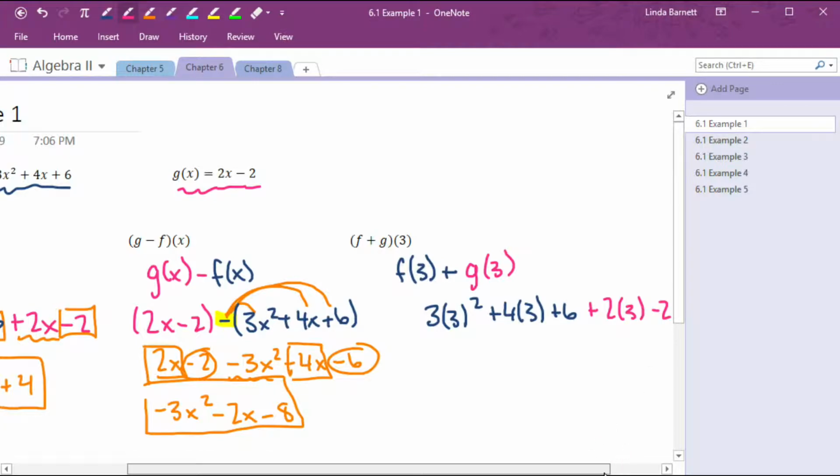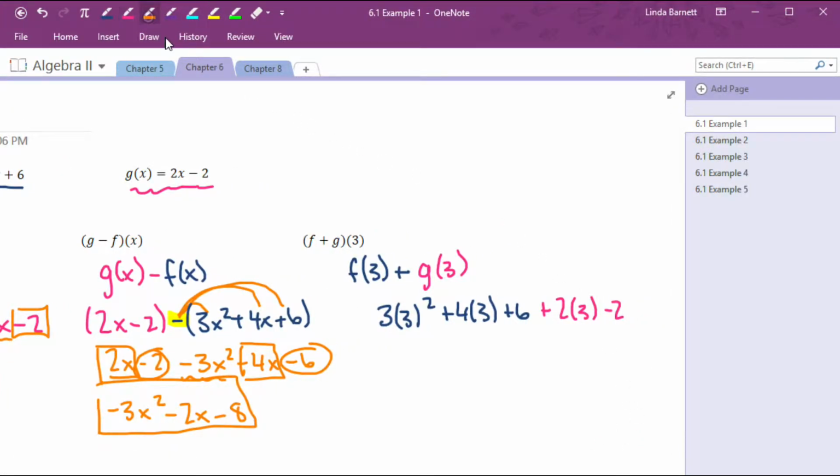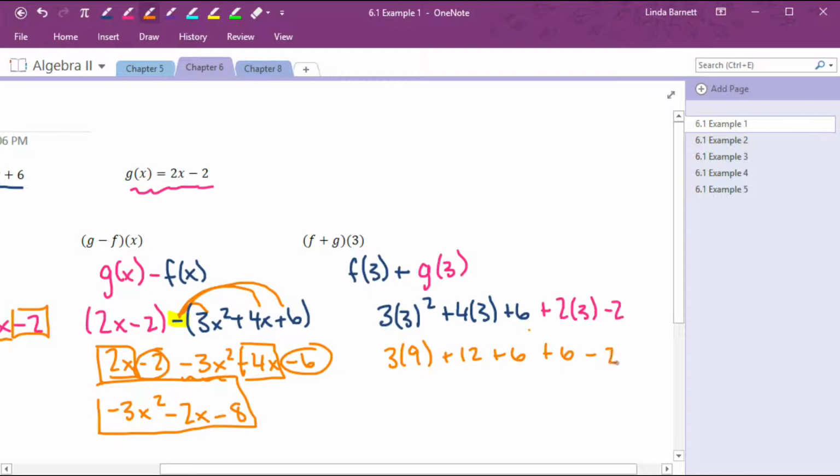And now we're just going to do the math on that. 3 squared is 9, so we have 3 times 9 plus 12 plus 6. And then 2 times 3 is 6 minus 2. 3 times 9 is 27 plus 12 plus 6 plus 6 minus 2.